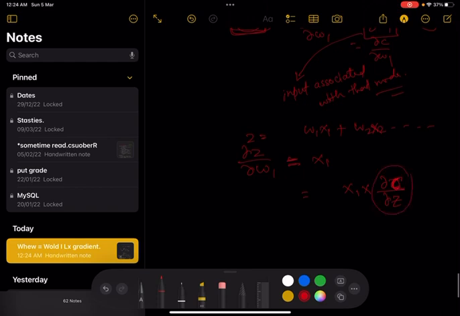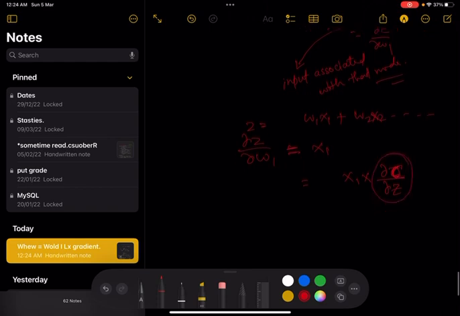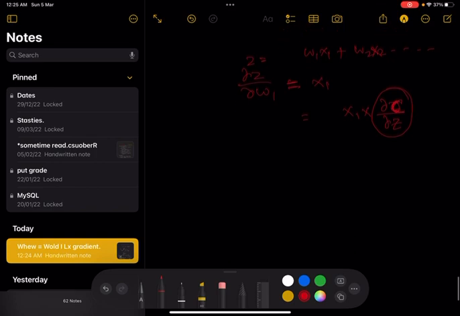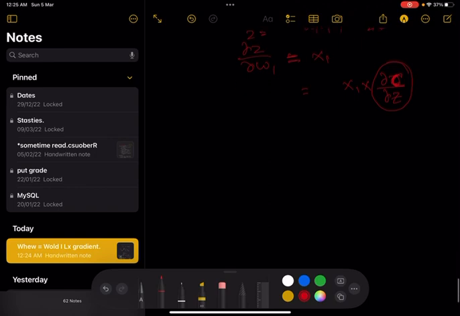So now the main problem is to calculate dC/dz, and dC/dz is very easy to calculate. At the outer layer, dC/dO is nothing but O predicted minus the true value, because the square term was differentiated and we got O predicted minus O actual, which is nothing but the error.